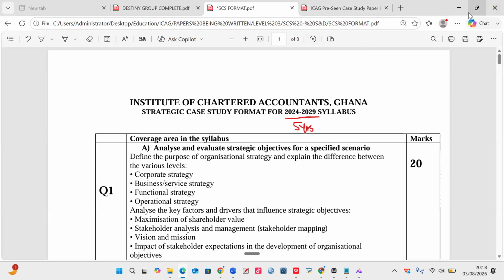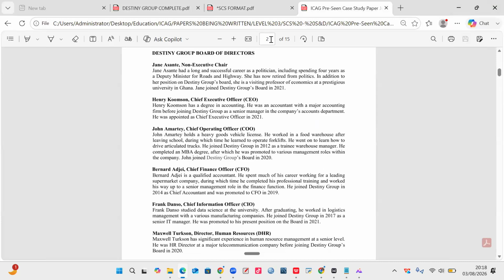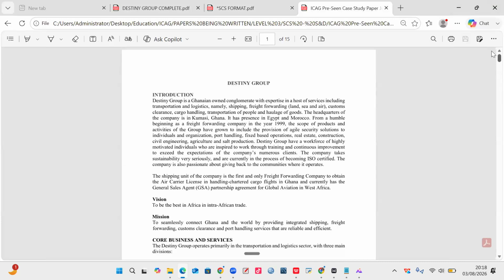Before we go on to the pre-seen and how we will approach it, let me first speak about the format. The pre-seen we are looking at here is 15 pages. The school releases the pre-seen about 3 weeks to the main exams.